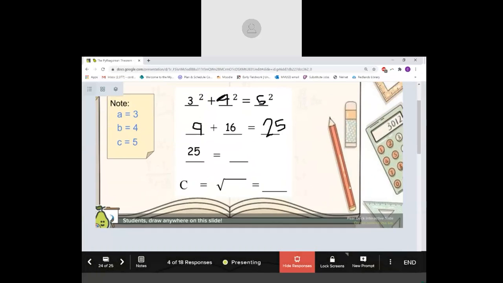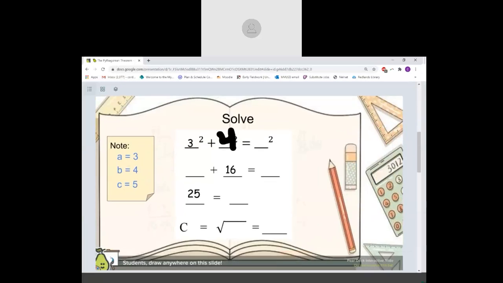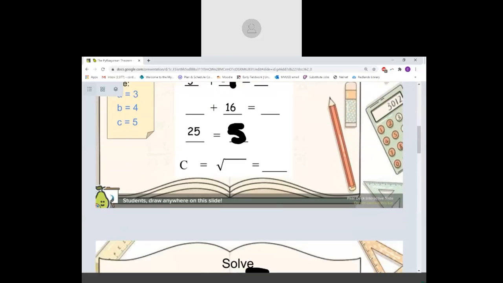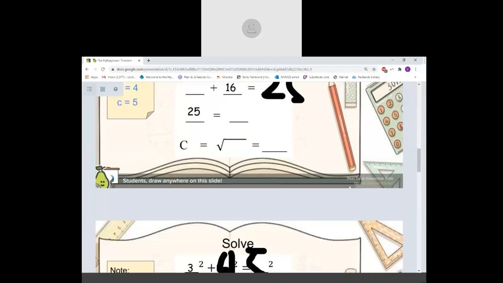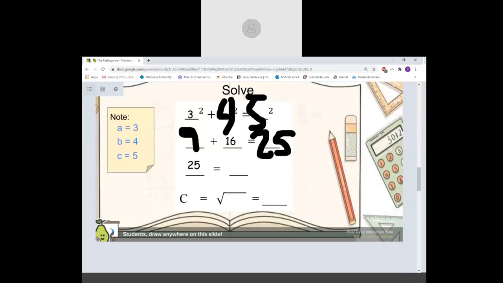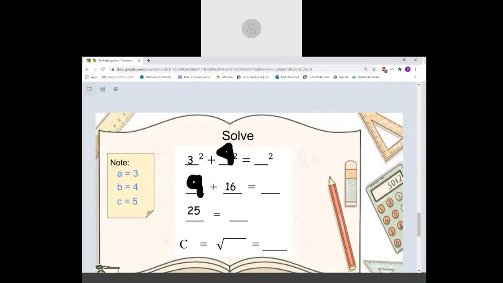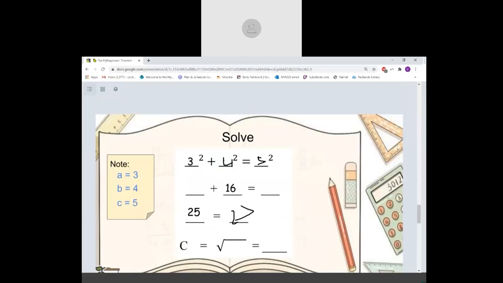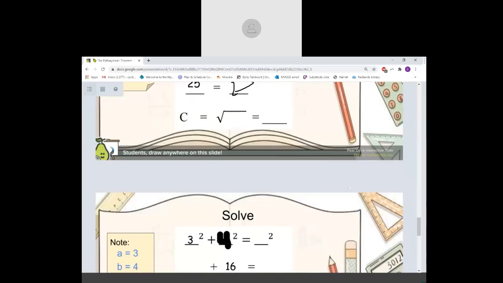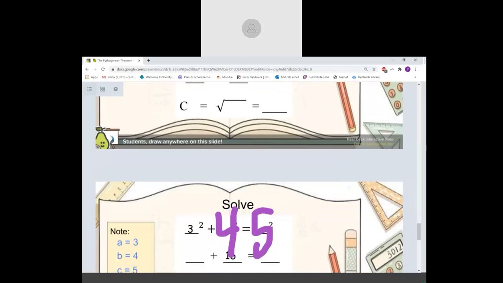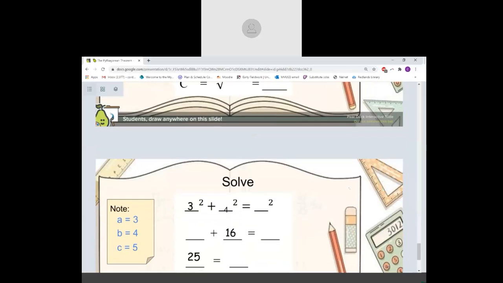Wow, you guys are getting it. Yes. Perfect. 25. Good. Oh, you guys got this. Awesome. Using the correct numbers. Perfect. 25 equals 25. So what is C?